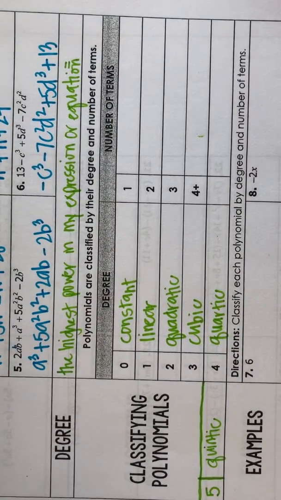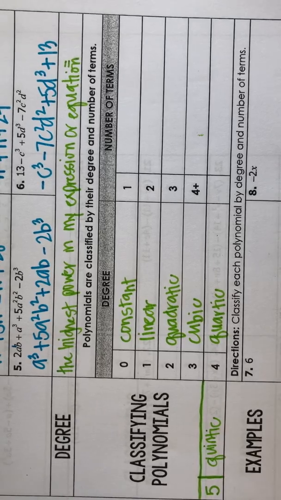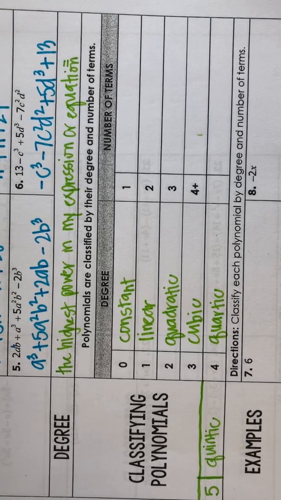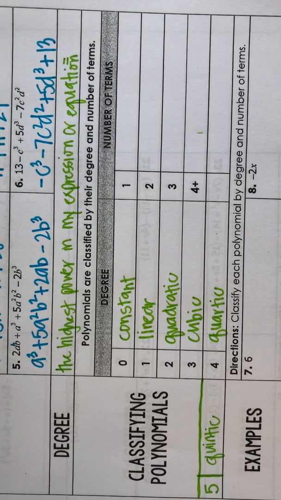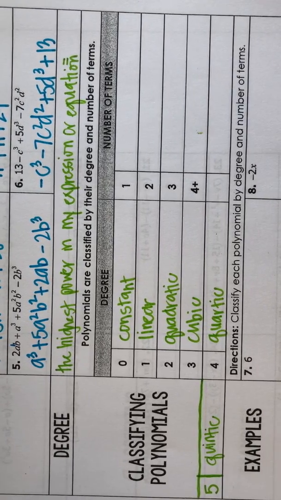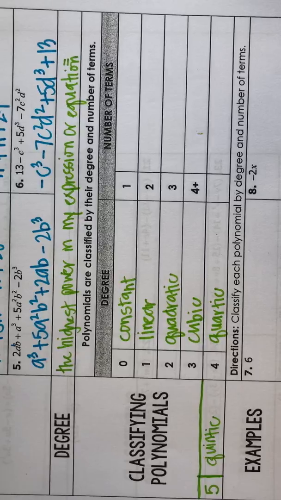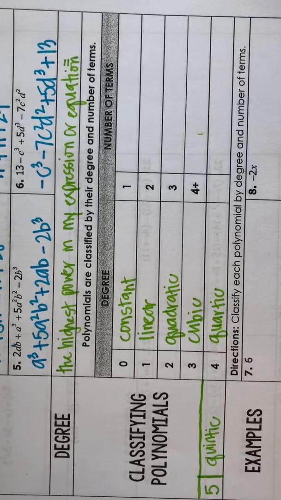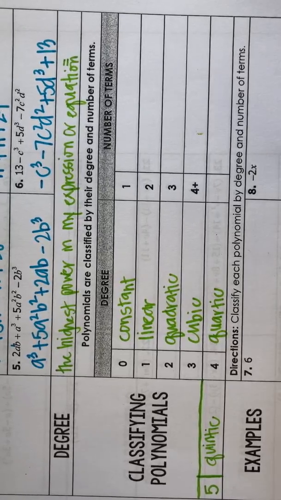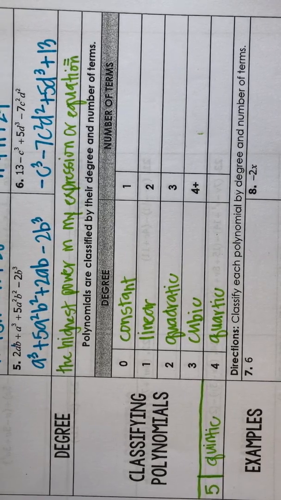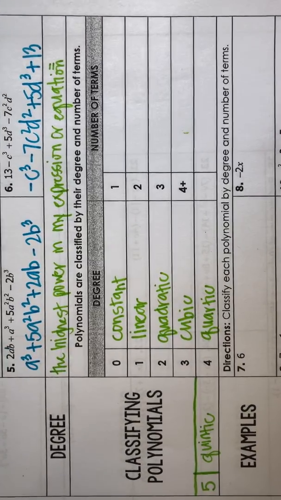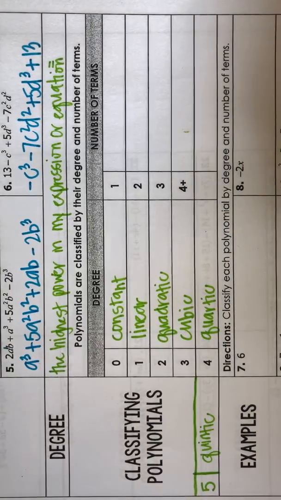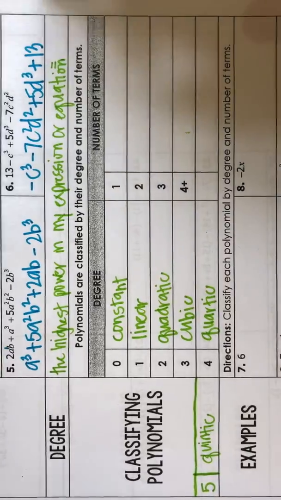Quintic, kind of like quintuplets, okay? Anything above 5, so if I have x to the 6th power, I just call that a 6th degree function, or a 7th degree function, or an 8th degree function, okay? Anything above 5, we do not have a special name for. We simply just use the number to name it, okay?